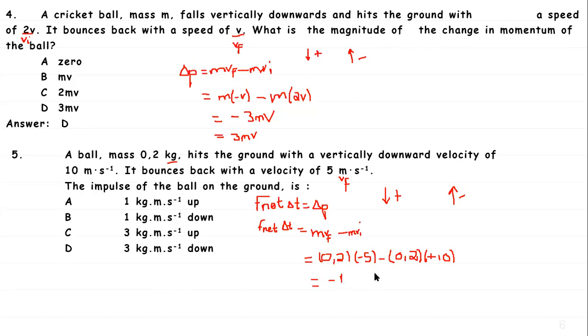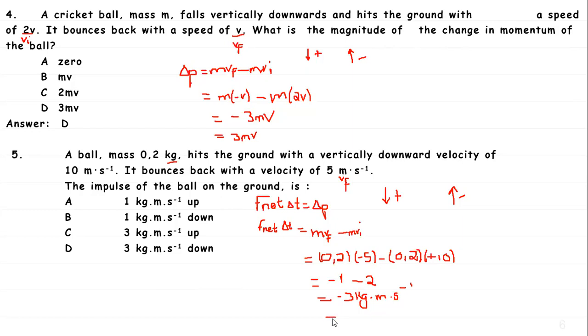Right. Then minus 0.2 multiplied by 10, it will give me 2. Multiplied by the negative, it will give me a -2, and therefore I will have -3 kilograms dot meter per second.